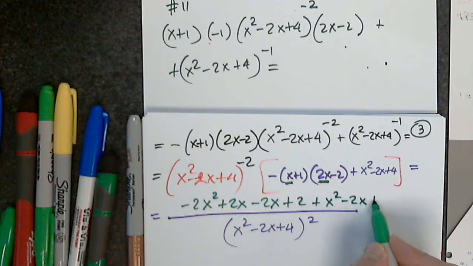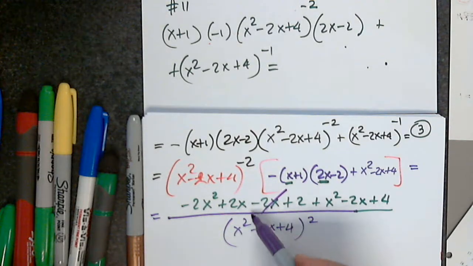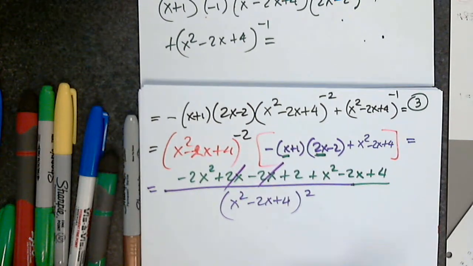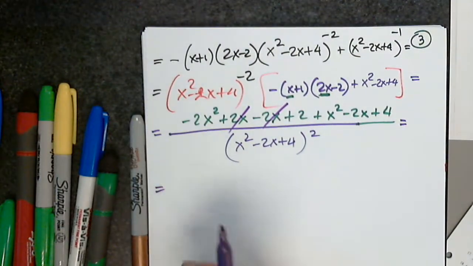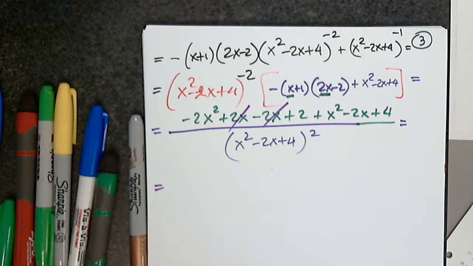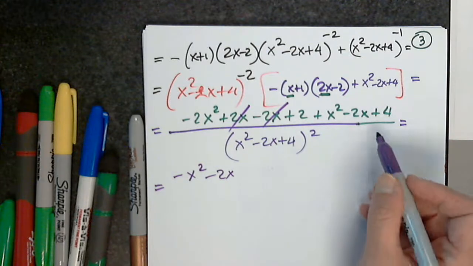And then I copy the rest. Perfect. What now? Combine like terms. Excellent. I see these two go away. Can anyone give us the final simplification for the top? Negative x squared minus 2x plus 6.